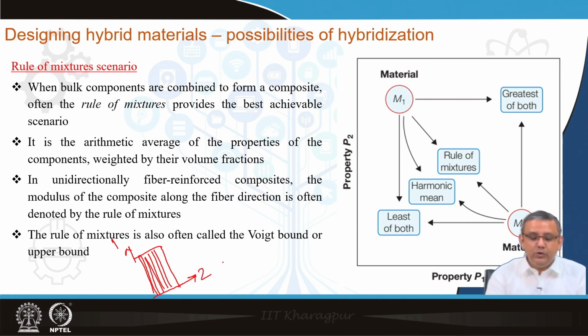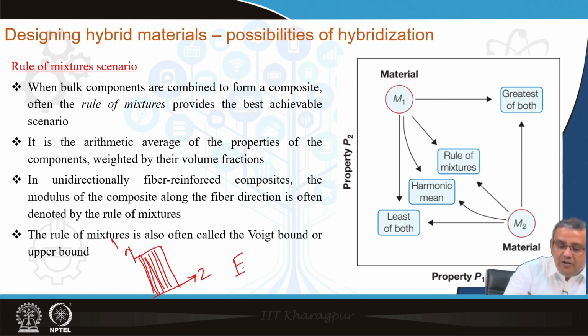and if we assume there are two materials, material 1 and material 2, and the volume fractions of the two materials are V1 and V2, then the simple expression, which you will see afterward also, for the composite Young's modulus along the one direction, that means EC1, is nothing but E1, the Young's modulus of phase 1 multiplied by the volume fraction V1, plus E2 times V2.